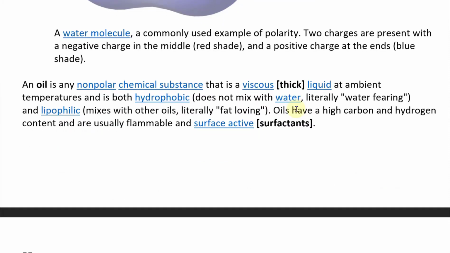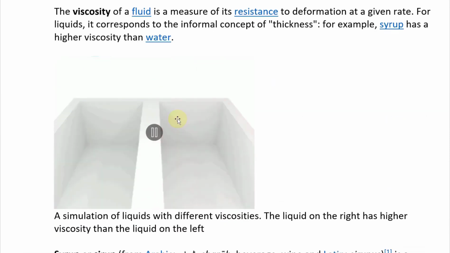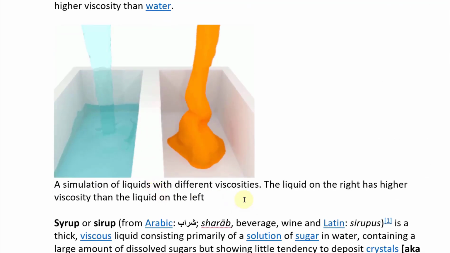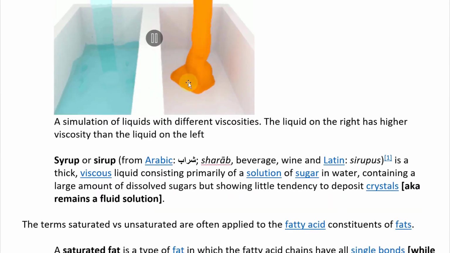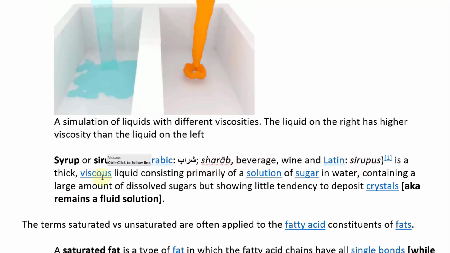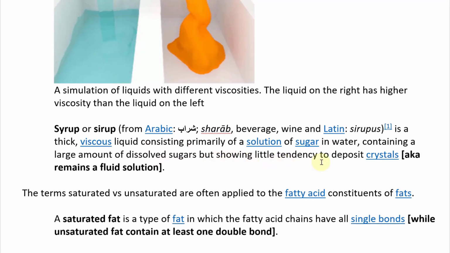So here's water, here's syrup, and again, this is oil. It's a thicker liquid than water. Here you have a simulation of liquids with different viscosities. The liquid on the right has higher viscosity than the liquid on the left. Notice how it's squishing up, building up higher, and this one just spreads out quickly. And syrup, from Arabic sharab, beverage, wine, and Latin syrupus, is a thick, viscous liquid consisting primarily of a solution of sugar and water containing a large amount of dissolved sugars, but showing little tendency to deposit crystals, aka remains a fluid solution.